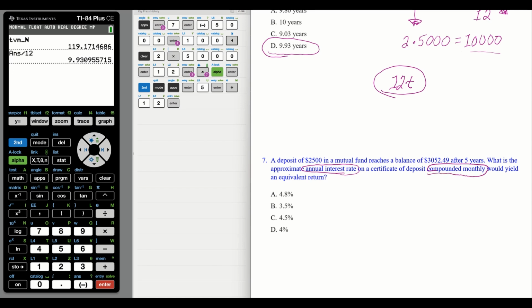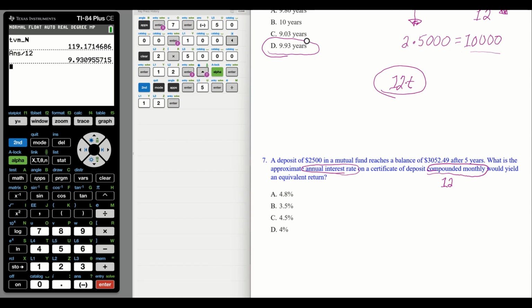We need our 12 again, which should already be in our calculator. Let me read that again. What is the approximate annual interest rate on the certificate of deposit compounding monthly that would yield the equivalent return? Okay, so that's just wordiness. We're looking at the 12 to compound.